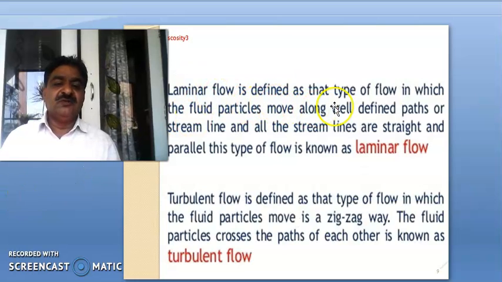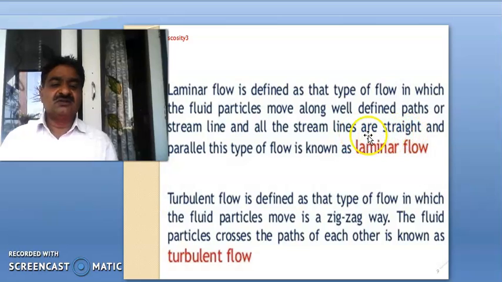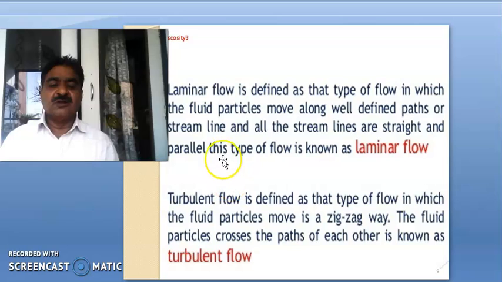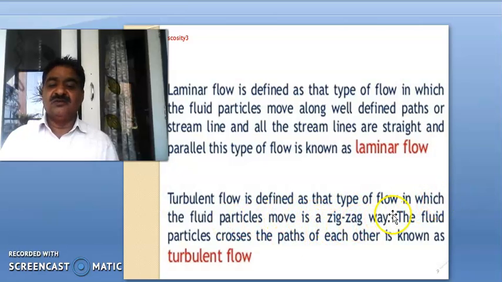Laminar flow is also defined as the type of flow in which the fluid particles move along well-defined paths or streamlines, and the streamlines are straight and parallel. This type of flow is known as laminar flow, also called streamline flow. Turbulent flow is the type of flow in which fluid particles move in a zigzag way.